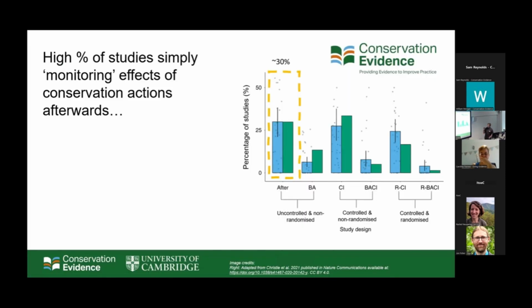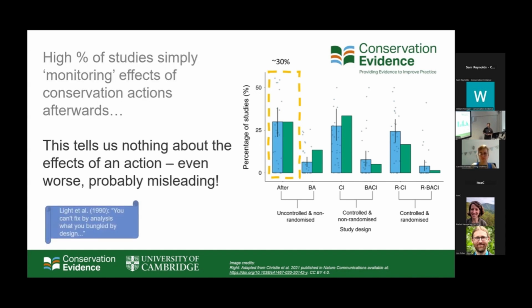As part of my PhD, I looked at the conservation literature that was testing conservation actions, and found that when you split out all the studies by what study designs they use, a really high proportion are simply just monitoring the effects of conservation actions after you've done something. So you do a conservation action in a certain site, and then you just monitor afterwards to see how a measure of biodiversity changes. And that's about 30% of studies that we looked at.